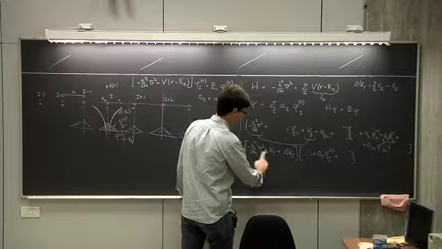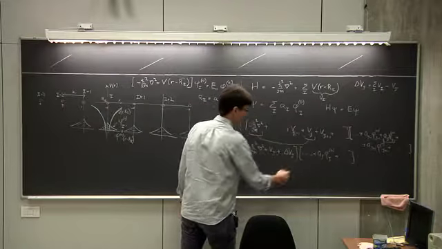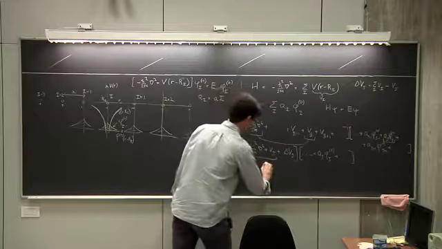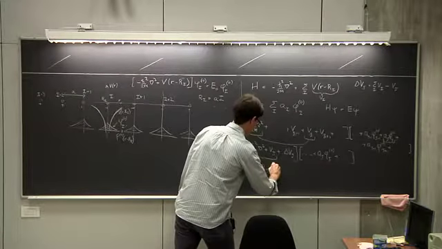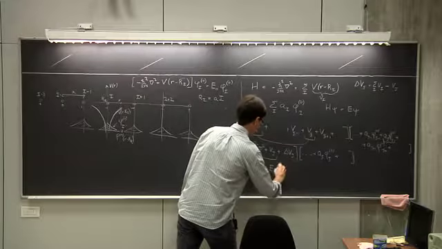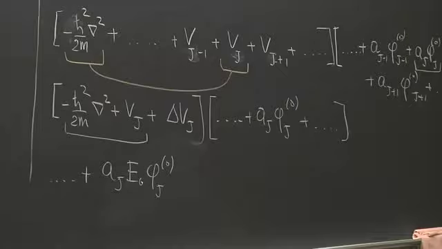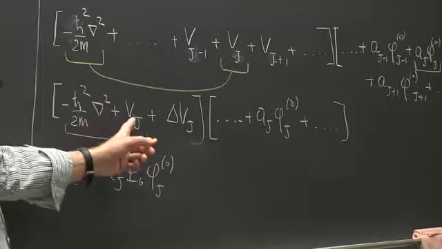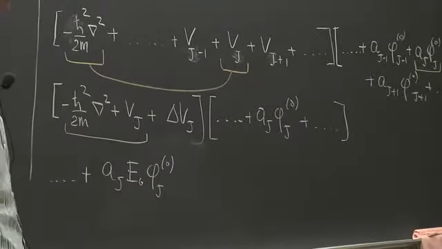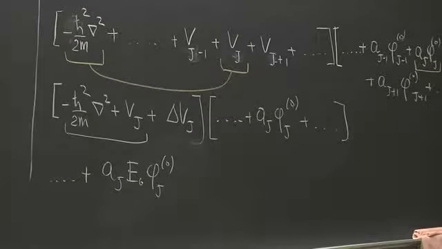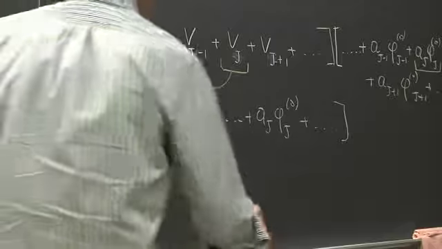And then I will have H, this one, times here. So the first term is obviously going to give me aj E naught phi j naught, right? By definition, because this is the atomic Hamiltonian at site j. So when I apply to the atomic wave function at site j, this gives me the eigenvalue, the atomic eigenvalue. And then I have delta Vj.